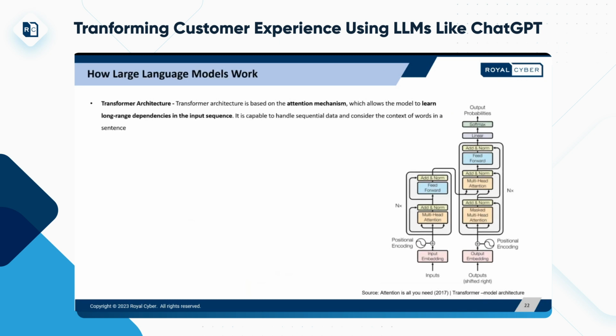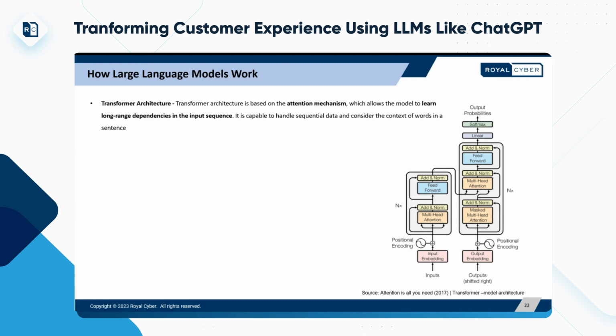How do large language models work? Well, that's a question we continue to see coming, in communities and from our own customers reaching out to us. We've tried to summarize that in the next couple of slides, keeping it at a high level.